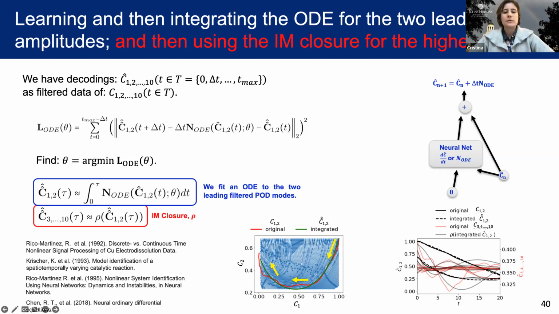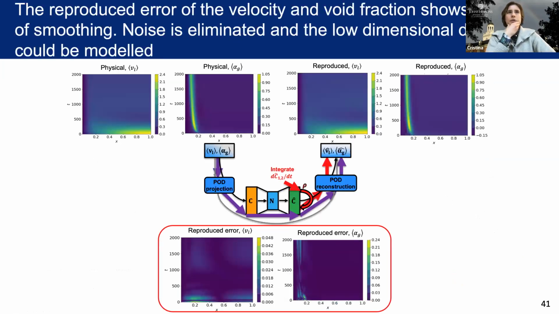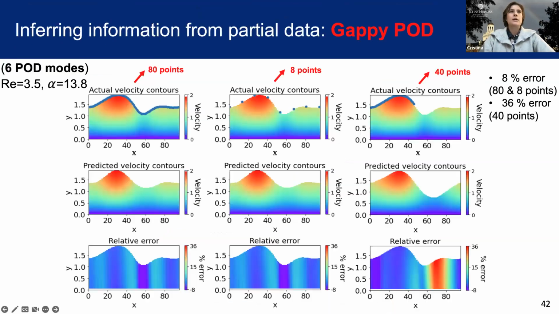Continuing with this approach, we learned the dynamics of the leading POD modes, and then we reconstructed the remaining 8 POD modes using the learned multilayer perceptron. And we were successful at using this method to reconstruct the variables that were of importance here, which were the vertical velocity of the liquid and the average wave fraction.